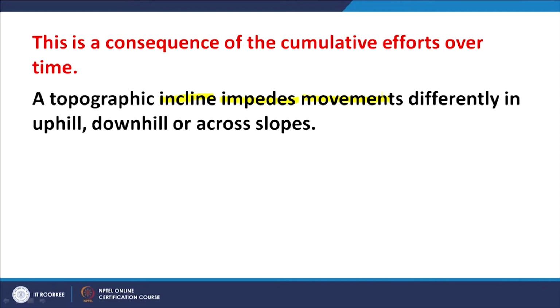So while making such estimations, we have to take care that a topographic incline impedes movement differently in case of uphill, downhill or across slope. In good planning, even in mining, road construction or many other transportation purposes, these things can be estimated or modeled before anything really happens on the ground.